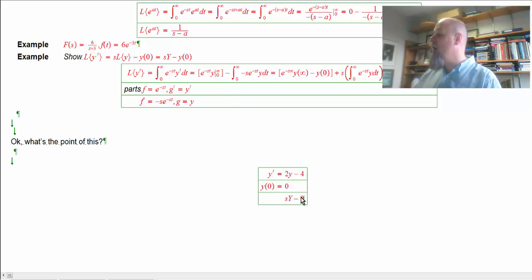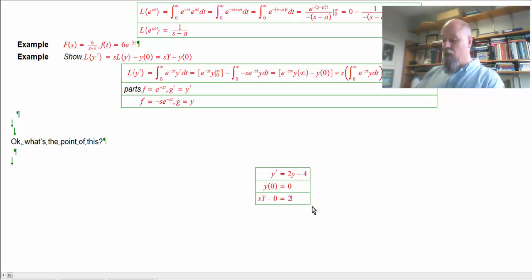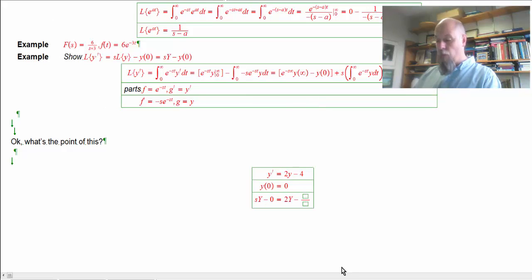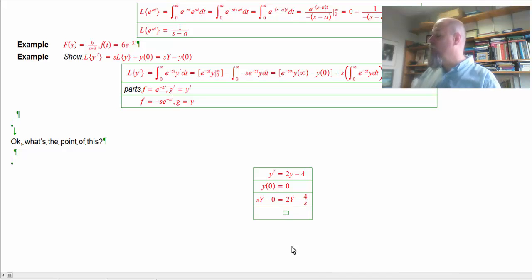That's s times Y minus y naught equals 2 times the Laplace of small y, which is capital Y, minus the Laplace of 4. The Laplace of a constant is 4 over s. So there's our step one. We took the Laplace of both sides. Now it's going to be solve for Y.